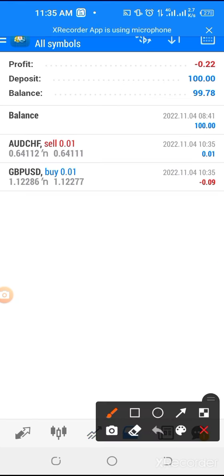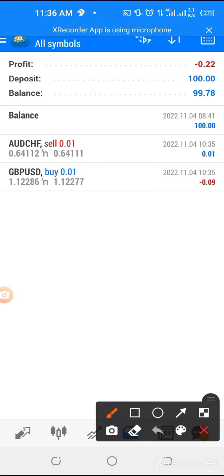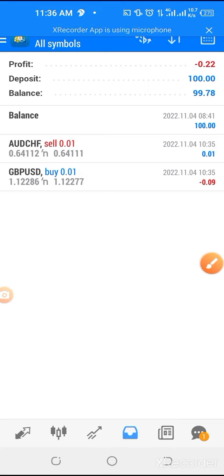You can see that in this trade we lost 0.9 cent, whereas we made 0.1 cent in this other one. So this is the total for now: we are at minus 0.22 cents. So that's for that icon, guys. It's so simple to use the MT4.